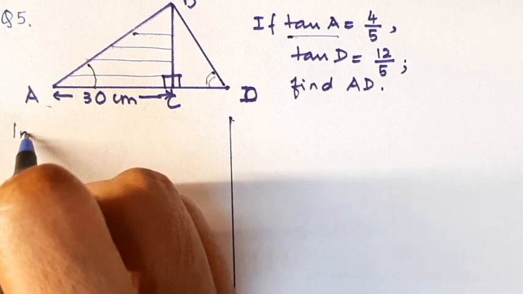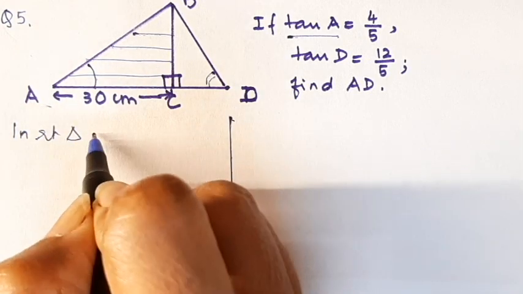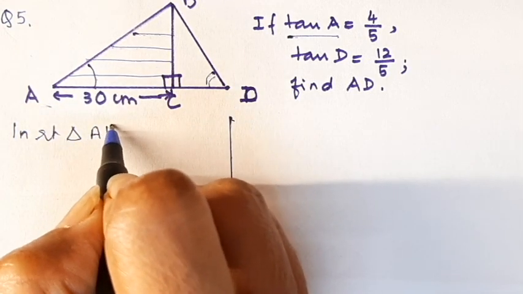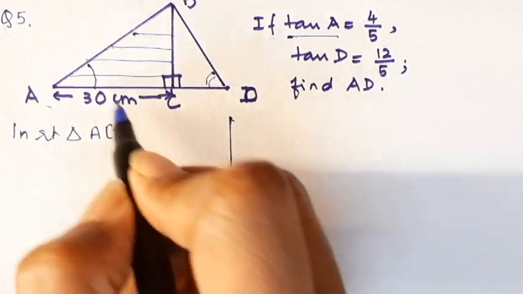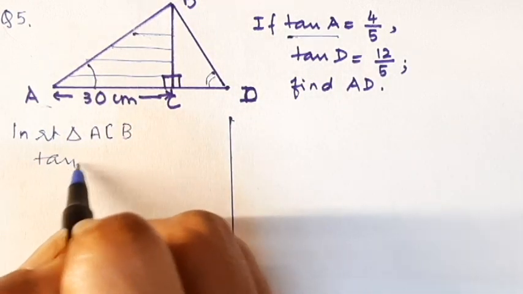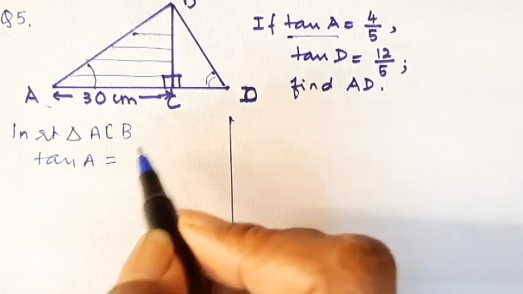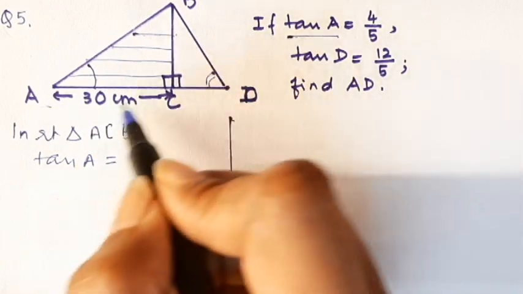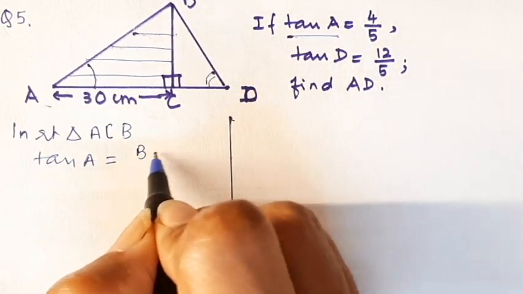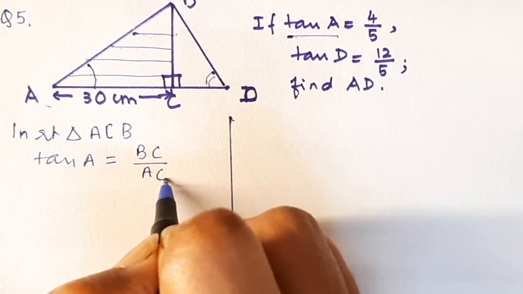So how would we start? We would start in right triangle ACB. Tan A has been given, so we will write tan A. But tan A will be opposite upon adjacent, so that becomes BC upon AC.